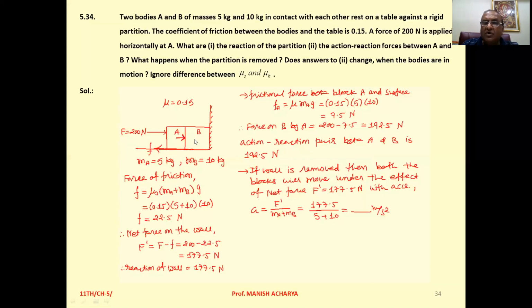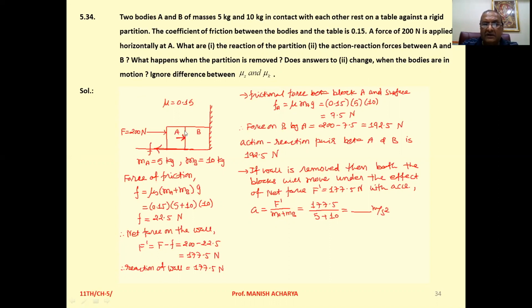So these bodies are exerting 177.5 Newton force on the wall. So the reaction of the wall will be the same, 177.5. Clear? Now see the reaction of the partition. First question is solved, 177.5 Newton.